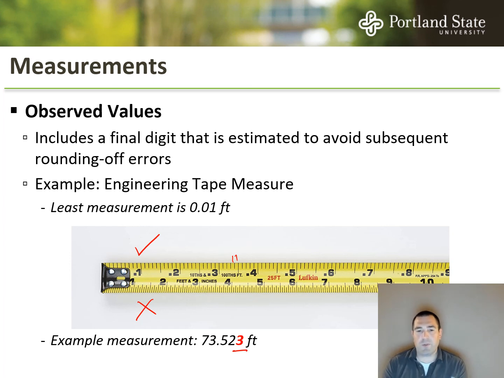The reason that we do that is to help deal with rounding ties in subsequent calculations. So almost always, if you're reading especially an analog measurement, we can't always do this for digital, we would represent one additional digit of precision past what the actual instrument can do, and that's an estimate on our part, but it does actually make subsequent calculations more precise or more accurate.